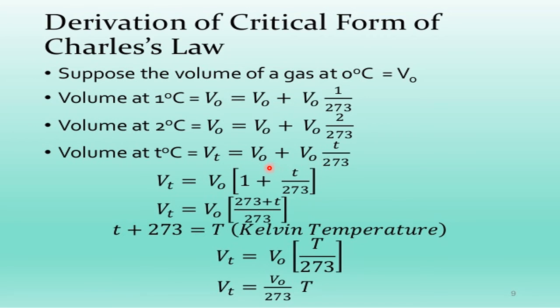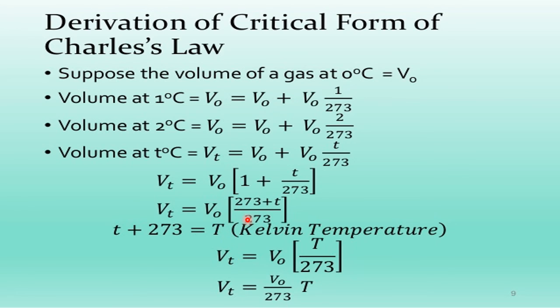Here V naught is common. Therefore, Vt equals V naught into 1 plus T by 273. Now, by taking LCM 273, this becomes Vt equals V naught into 273 plus T by 273. This 273 plus T is nothing but the absolute temperature or Kelvin temperature. So T plus 273 is equal to capital T, which is called Kelvin temperature.